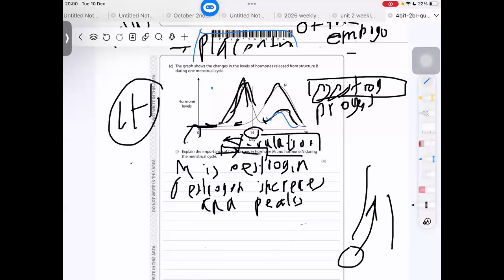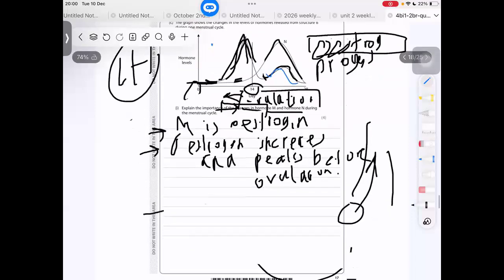So by this sentence they mean that it contributes to ovulation. That's what you need to mention.